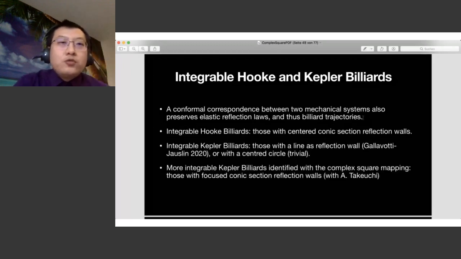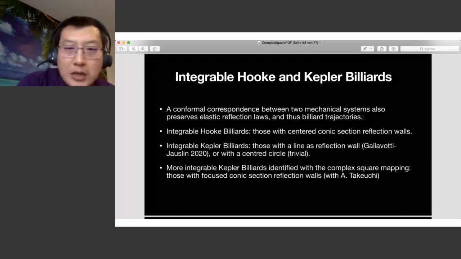So now what we could do is bring these integrable Hooke billiards via the complex square mapping to enrich the list of integrable Kepler billiards. And this I've done with Ari Takeuchi from Karlsruhe.